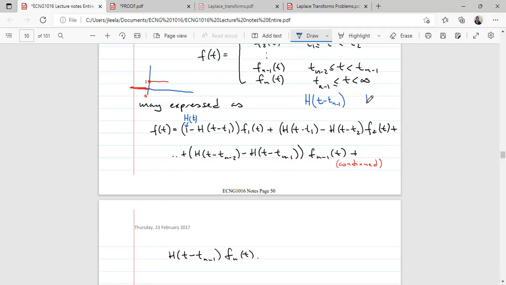And this here will be H, the Heaviside of t minus infinity. Right. Now, if you notice here, if the Heaviside steps up when it reaches infinity, because this is your t naught, infinity is your t naught.